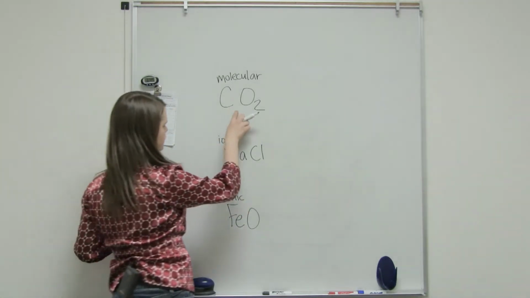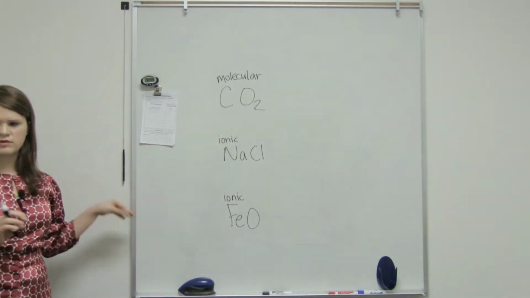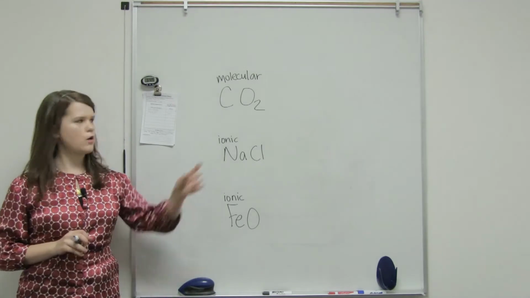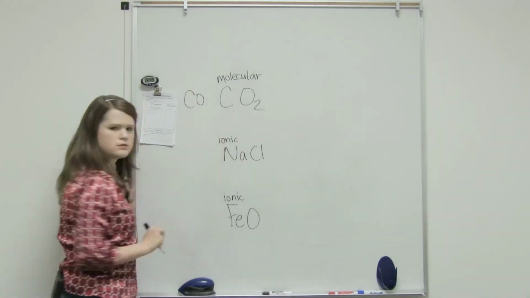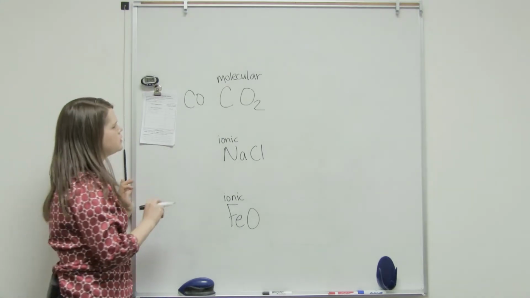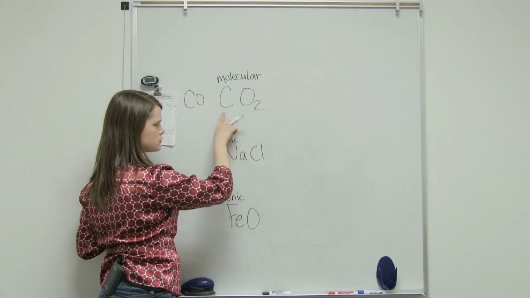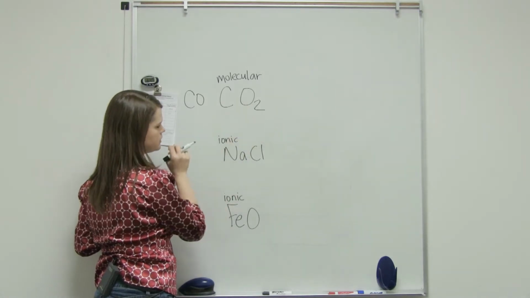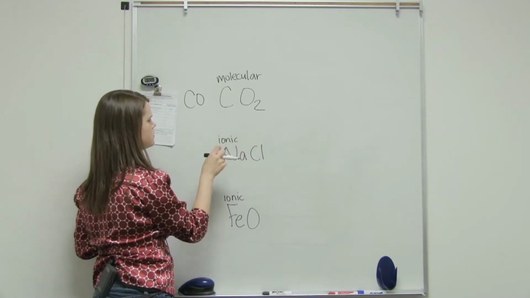Okay, so molecular is when we use those numerical prefixes, because we're very specific in how many of each. Because this is different than that, right? So for moleculars, we state the names, and we end with an "ide" at the end for the anion, so the oxide gets an "ide."